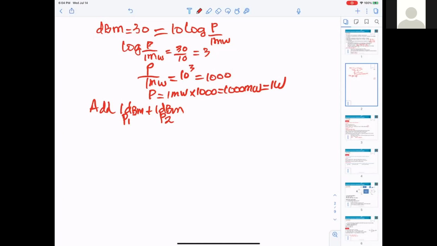Okay, so you can say 1 dBm equals 10 log of P1 over 1 milliwatt. So that will be equal to 1 dBm.